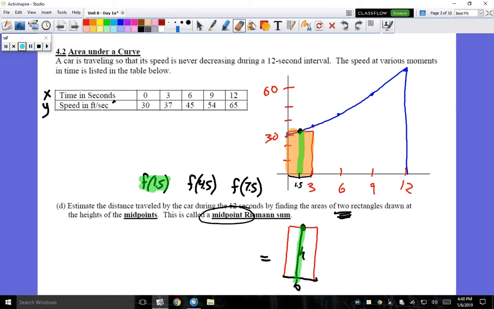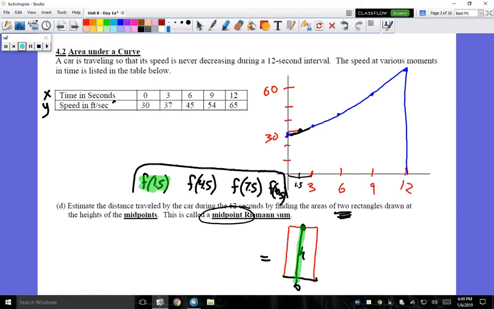The reason why we can only do 2 on this particular example is because we don't have a function. The way I was doing f of 1.5 all the way to f of 10.5, there's not a function that I can plug these into in order to get those y values, unless we do a linear regression or quadratic regression, which is not what we do in calculus.